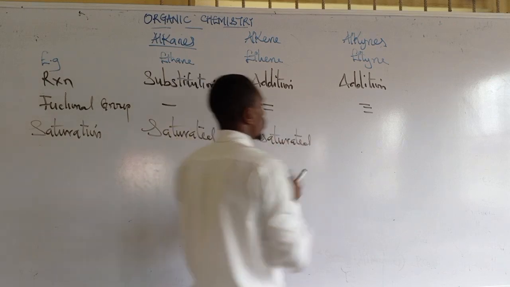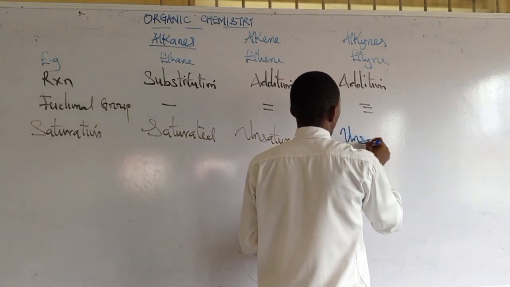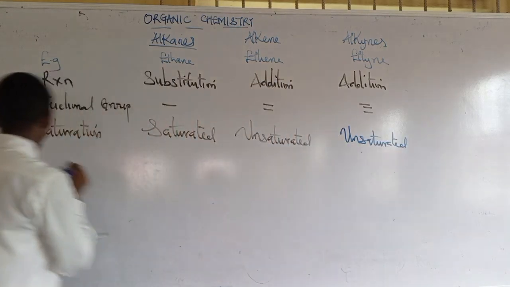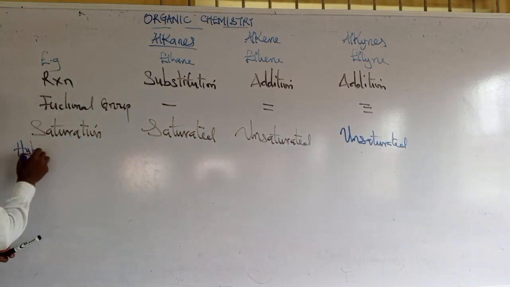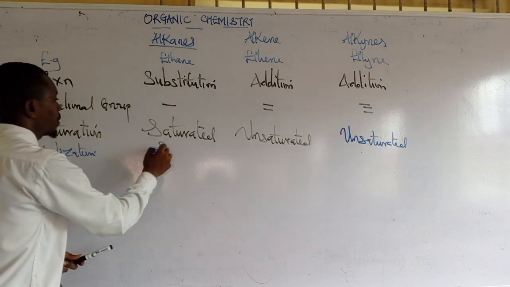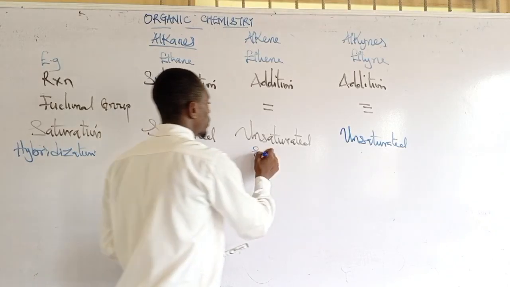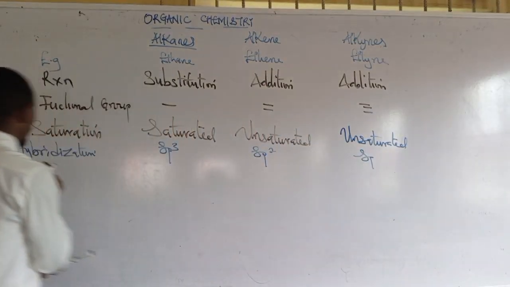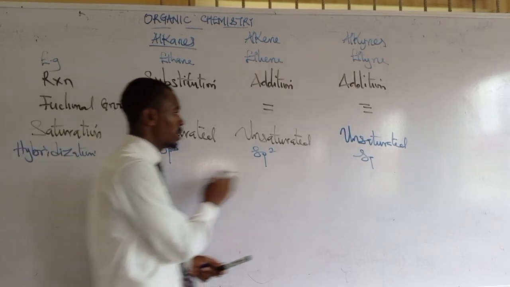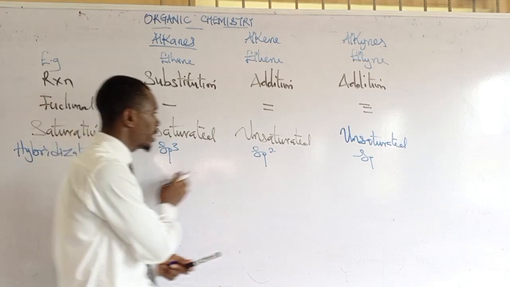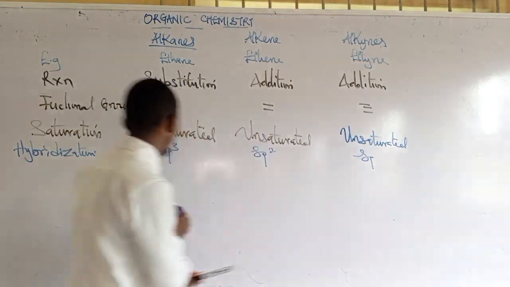These are also unsaturated. So hybridization: sp3, sp2, sp. The angle: 109, 120, 180. The shape: tetrahedral, trigonal, linear.